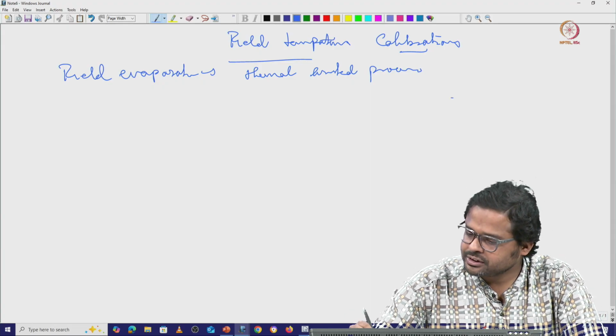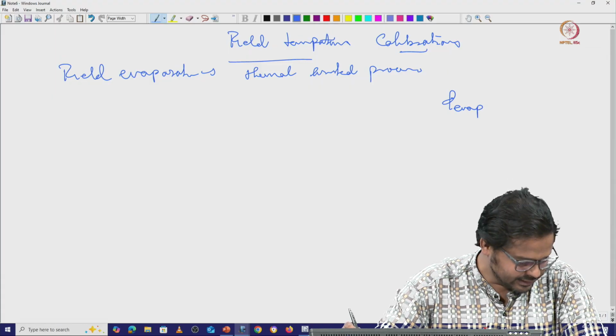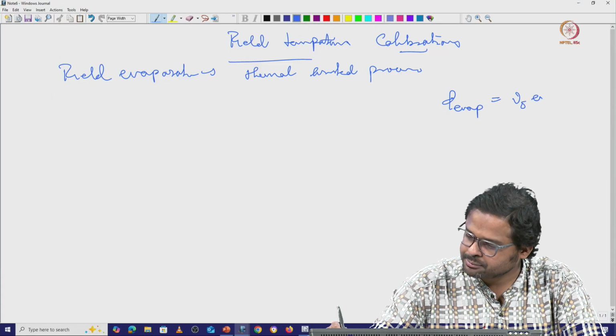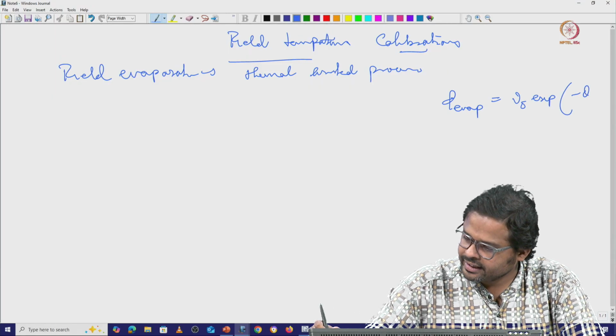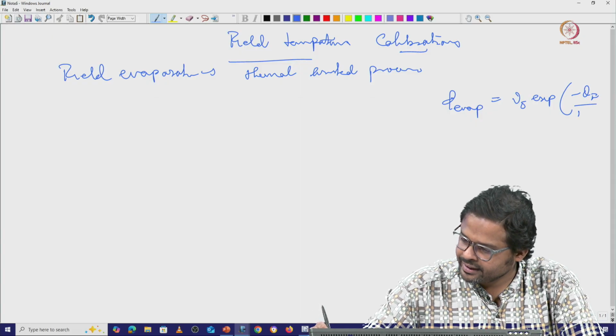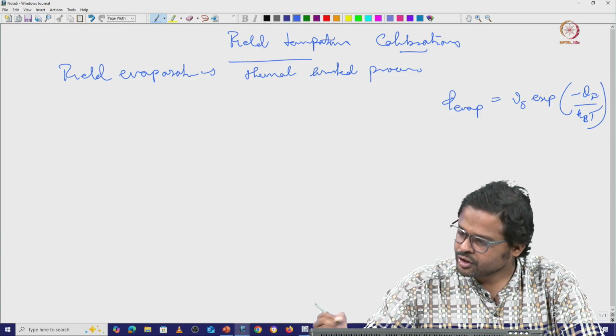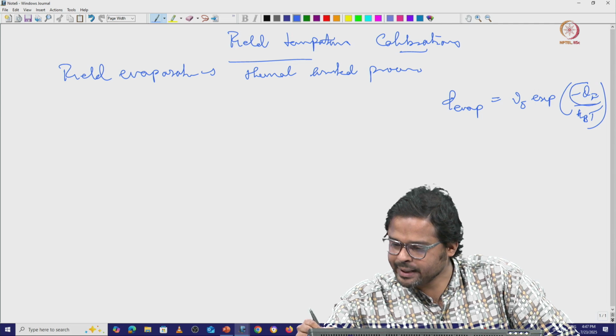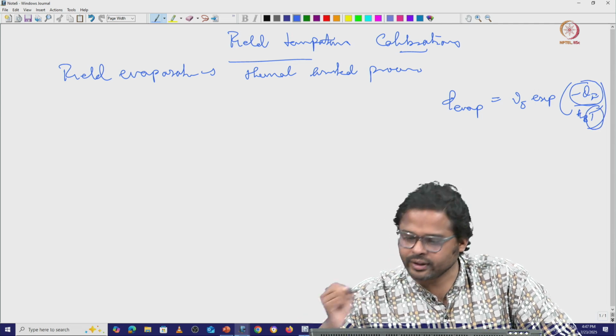Okay, and so from the equation, if you see the field evaporation equation, which is equal to mu 0 exponential of minus QF divided by k B T, you can see that there is an energy barrier term and there is also a temperature.